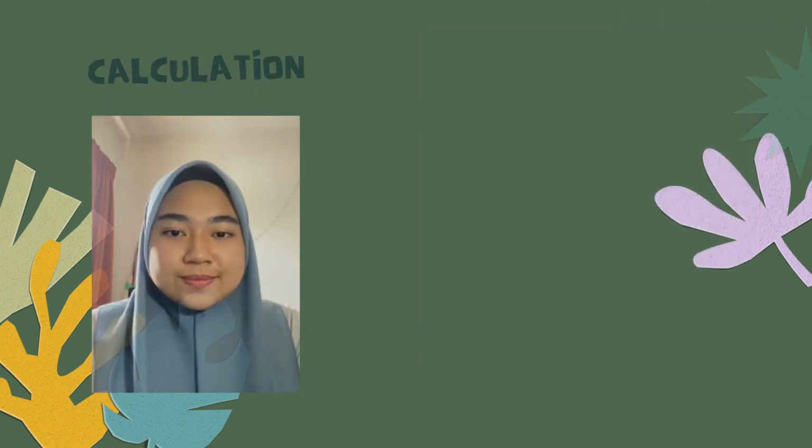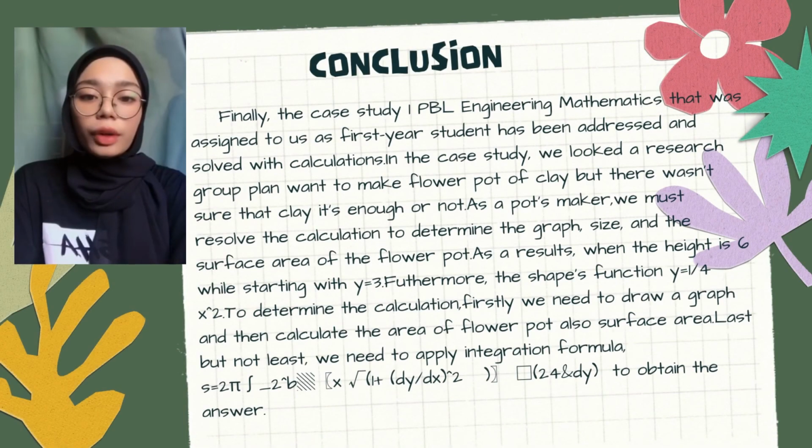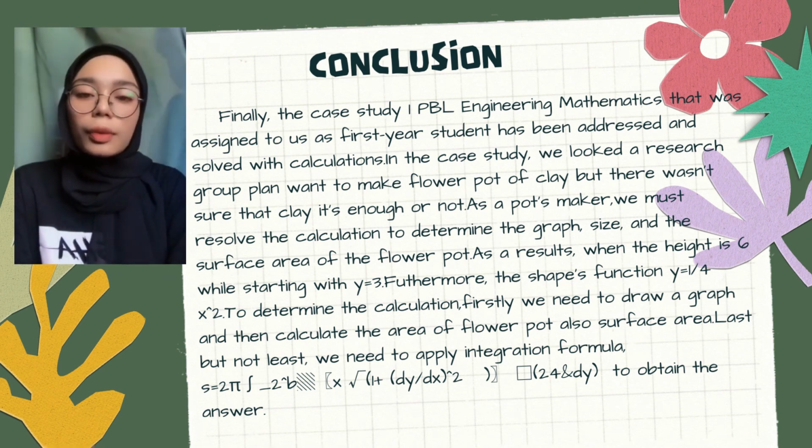Thank you. Finally, the case study 1 PBL Engineering Mathematics that was assigned to us as first year students has been addressed and solved with calculation. In the case study, we look at a research group that plans to make a flower pot of clay, but they were not sure whether the clay is enough or not. As pot makers, we must resolve the calculation to determine the size and the surface area of the flower pot.